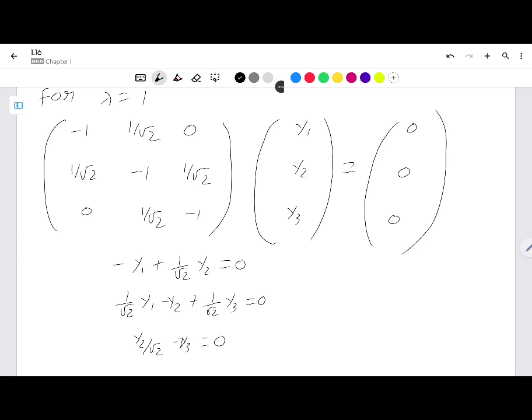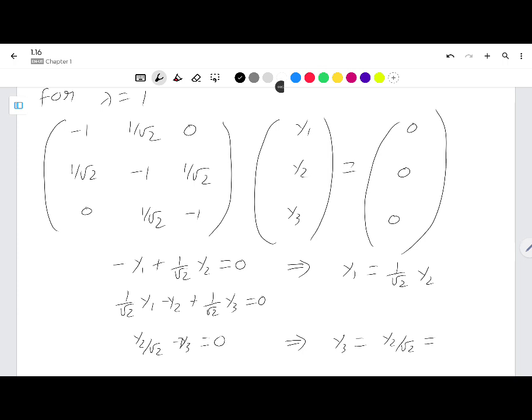So, we can fix either one of them. Let's say this will give me y1 is equal to 1 by square root of 2 y2. And this gives me y3 is equal to y2 by square root of 2.